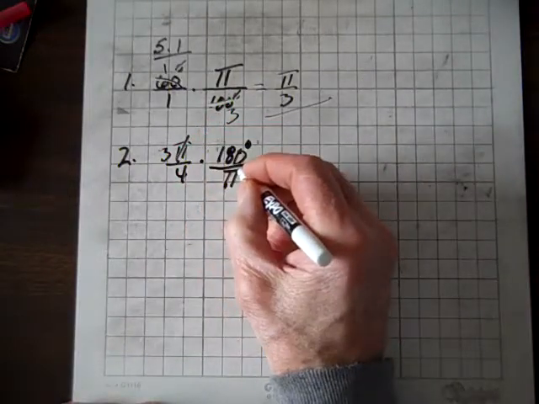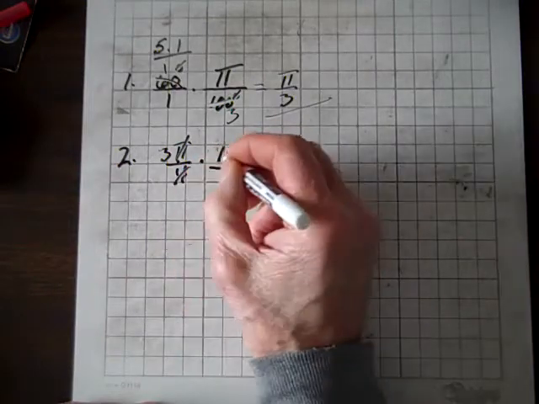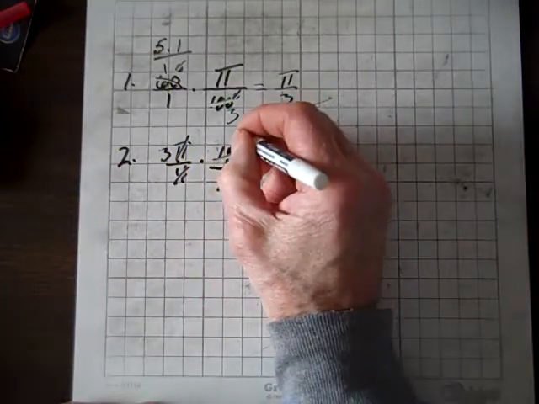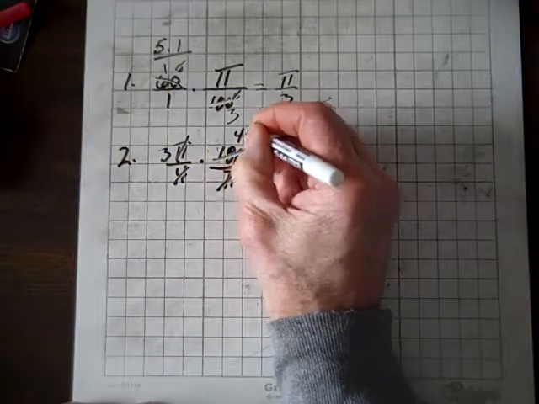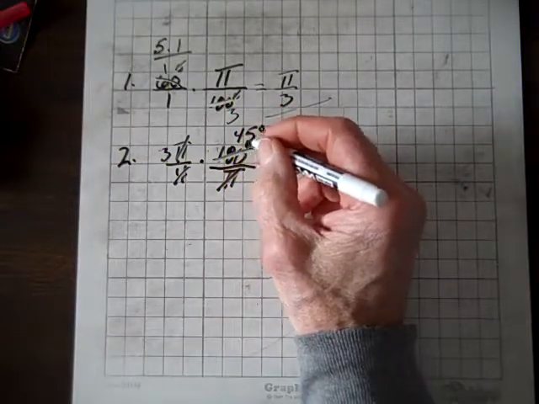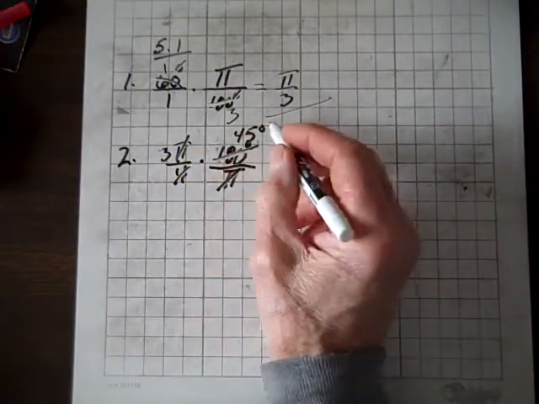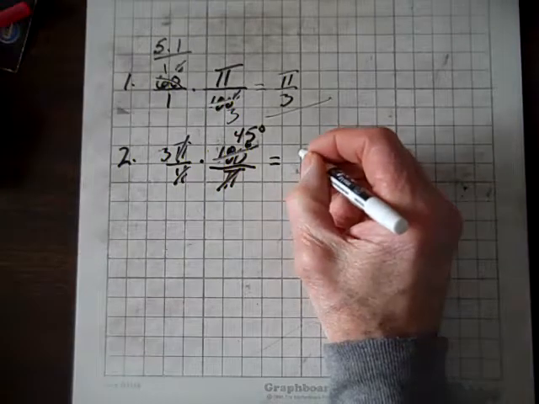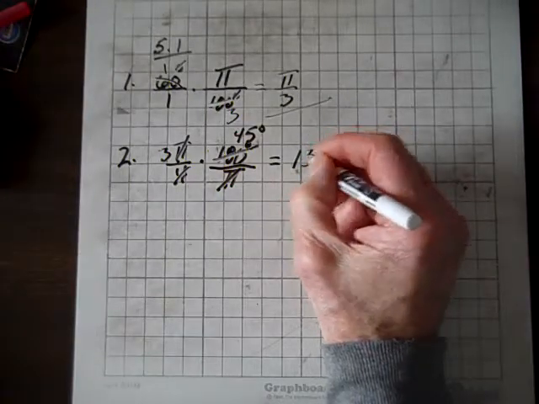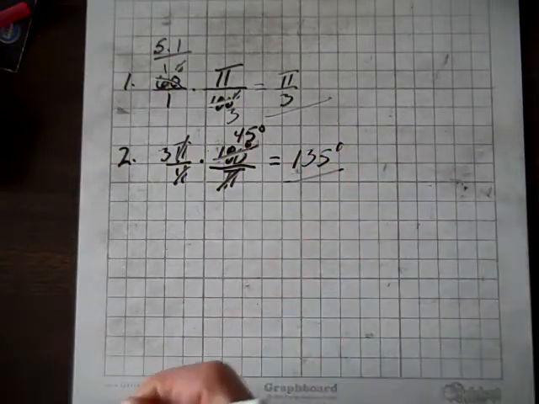The pi's divide out. And 4 goes into 180 degrees 45 times. The quotient of 180 degrees divided by 4 is 45 degrees, and 3 times 45 degrees is 135 degrees, and we've got that one.